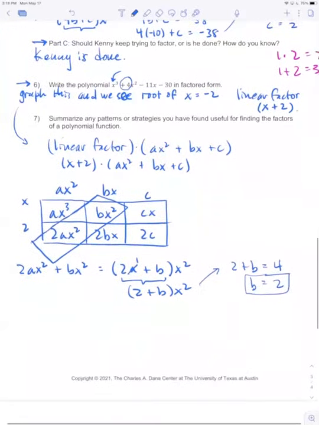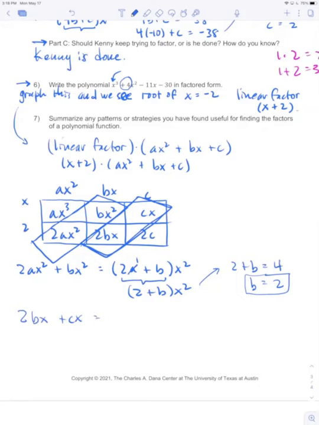Let's do this again. I'm going to go on the diagonal, just drawing a box around it. So this diagonal that I'm drawing is telling us that 2bx plus cx, that's the linear information. So we're going to factor out the common x from both terms, and we get 2b plus c times the x there. b we just found to be 2.